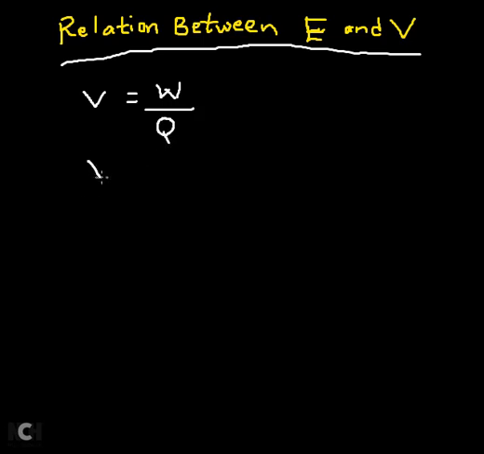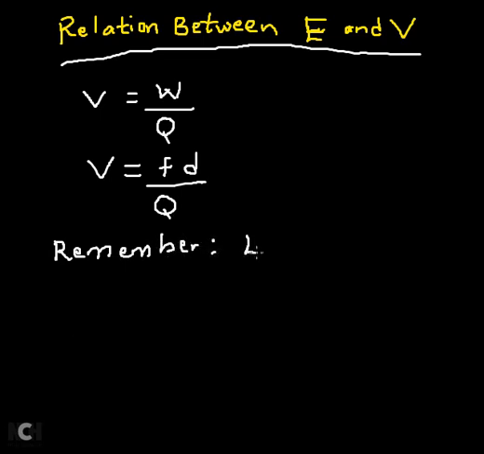And we also know that work is equal to force times distance, let me use D this time around, divided by charge. But I hope you can still remember the formula for electric field intensity. Remember, we said that electric field intensity is given as force per unit charge.